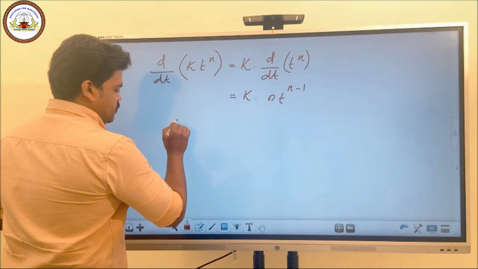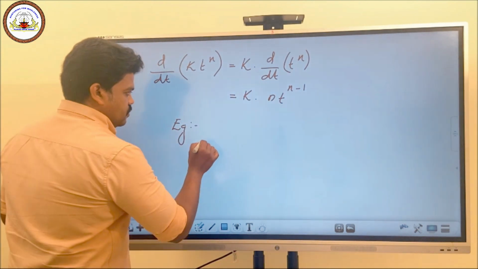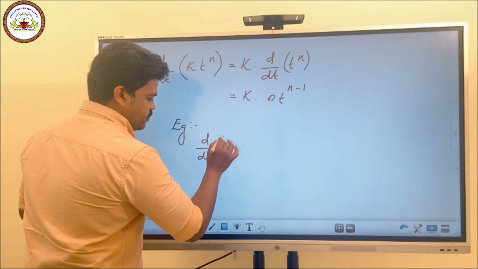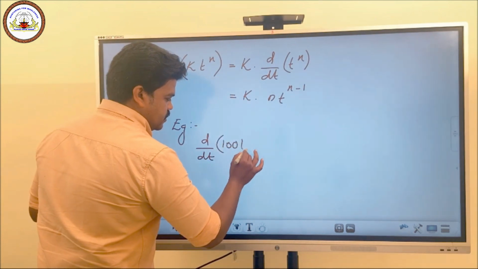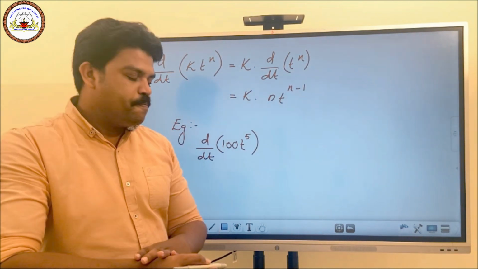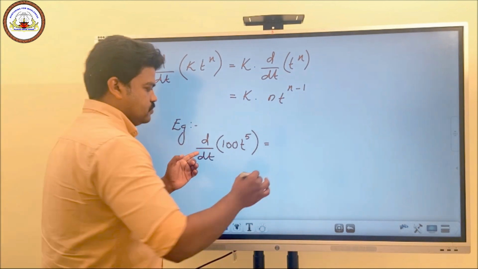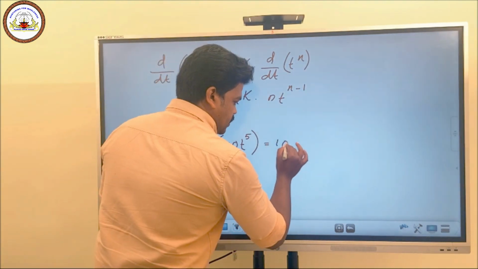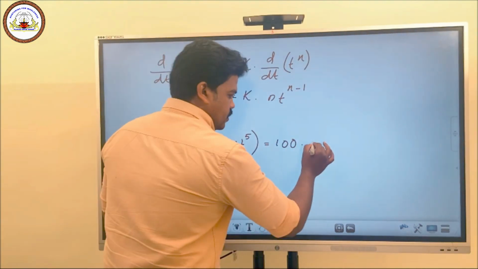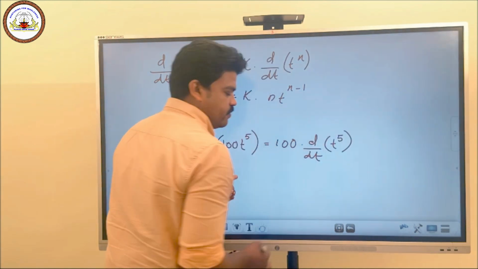For example, if d by dt of 100 t raised to 5 is going to be differentiated, then this is equal to 100 into d by dt of t raised to 5.